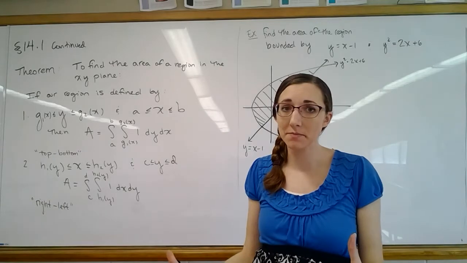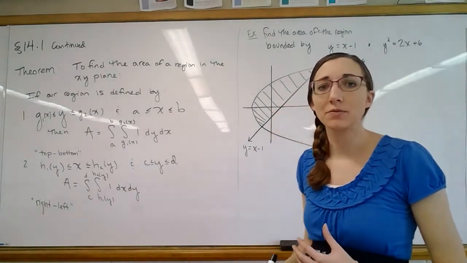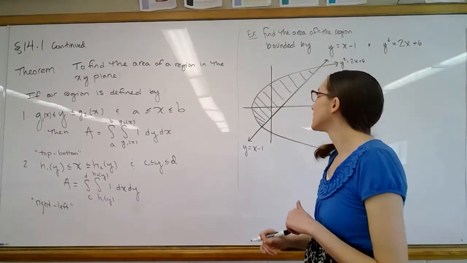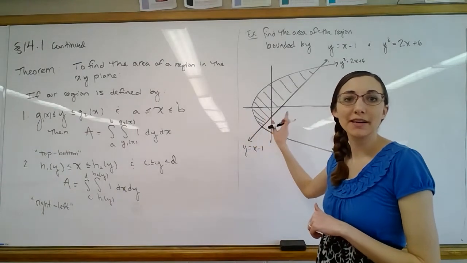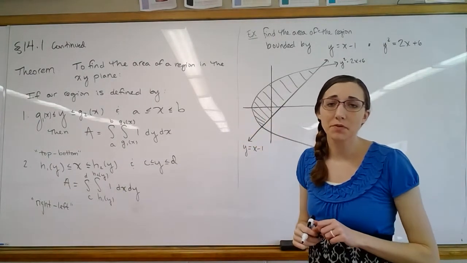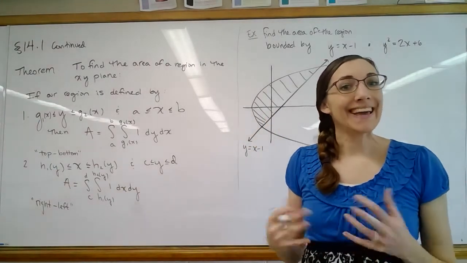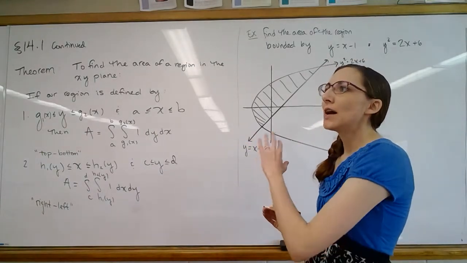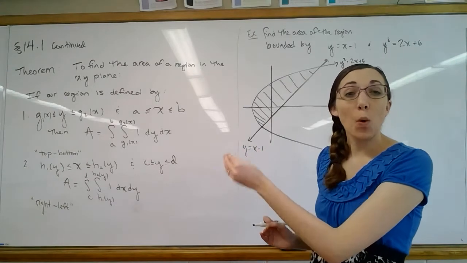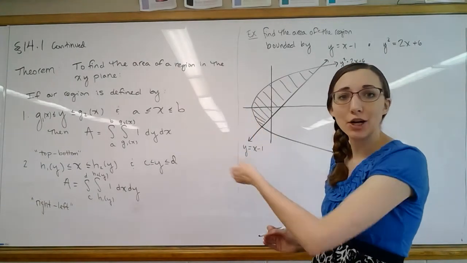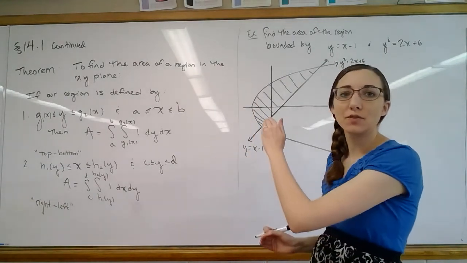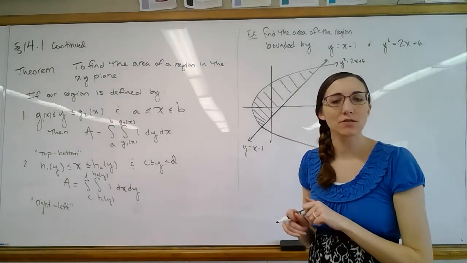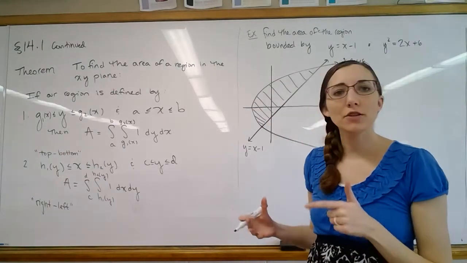Whereas sometimes it's easier to represent something like right curve minus left curve, like this next example that we're going to do in a second. In that case, right curve minus left curve is really doing x as functions of y. So a right curve is really x in terms of y, minus something x in terms of y. So we've got two different options.